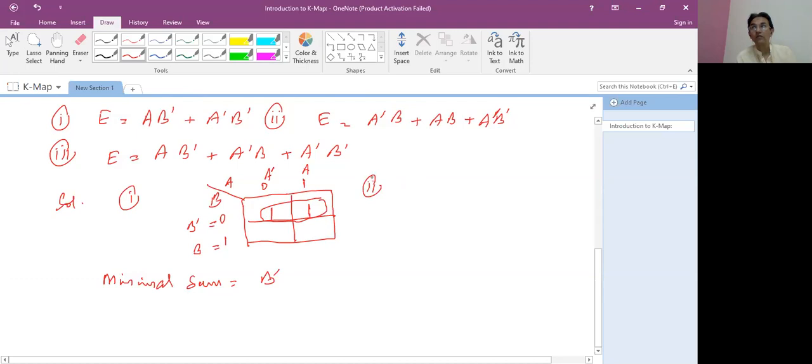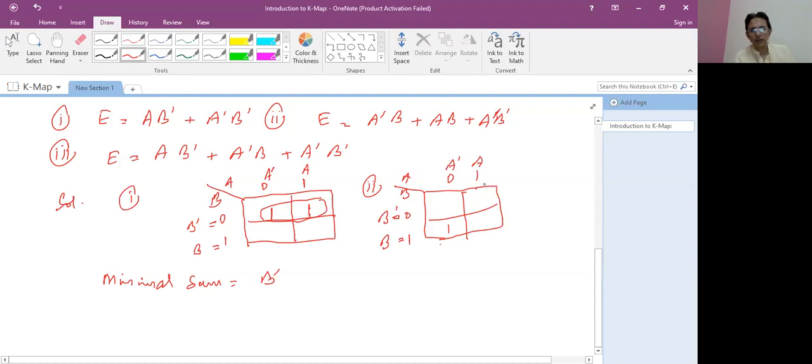Now for the second part, similarly, we have A, B, 0 is A complement, 1 is A, 0 is B complement and 1 is B. In the second expression, A complement B, we mark it and write 1.